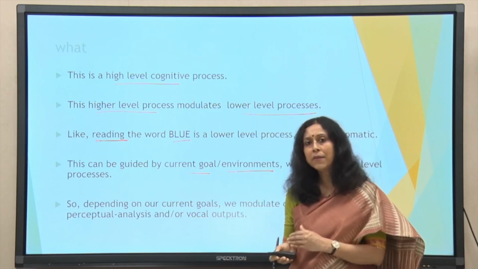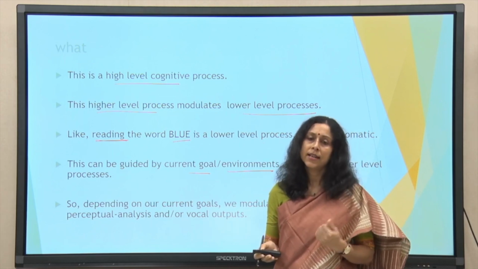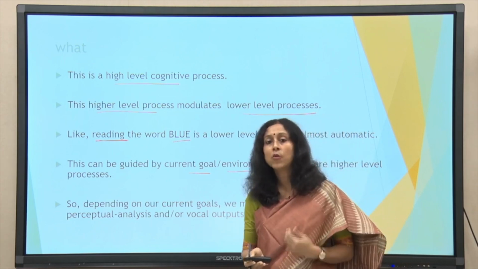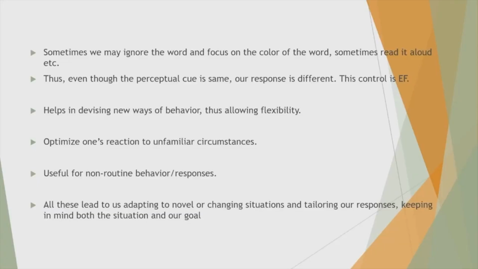So, the lower level processes are guided by the higher level processes, which take into account the current goal, as well as the environment within which the entire process is set. So, what do we mean by the current goal? Sometimes we may ignore the word, in fact, in an experimental setup, we tell the participants to ignore the word and just look at the color and tell us the name of the color.